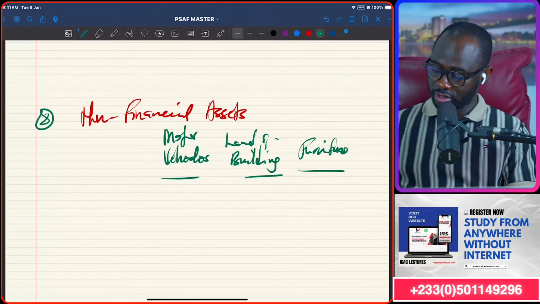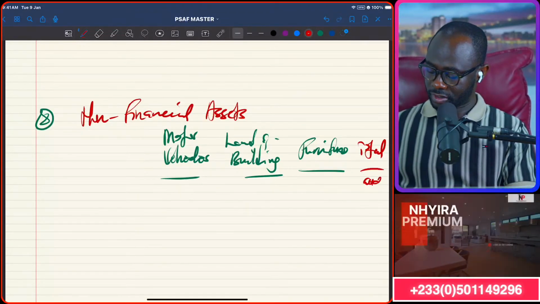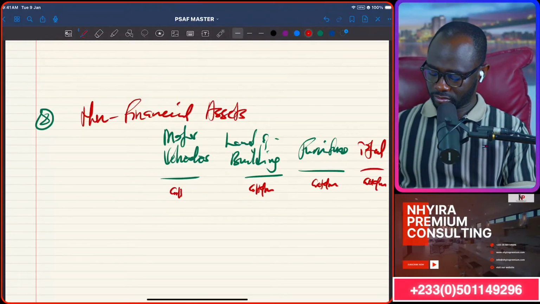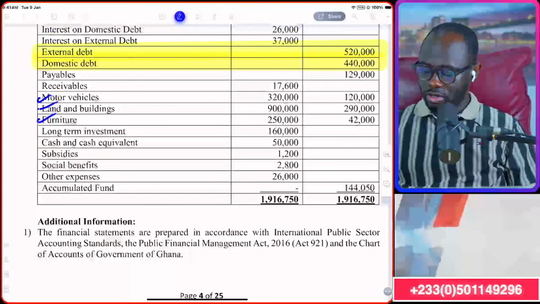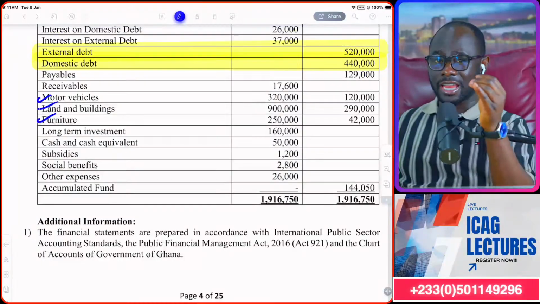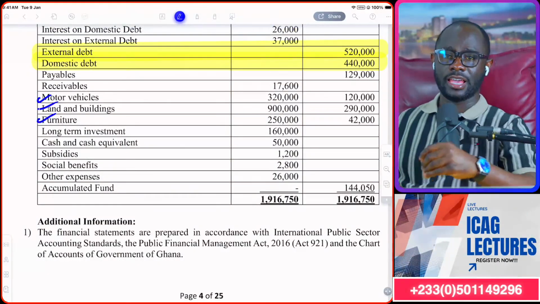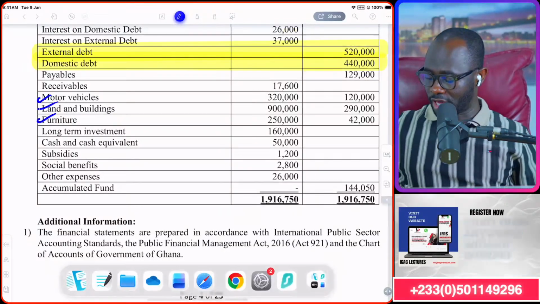As always, I could see if I have total column here. We are working in millions. So if you check, the figures on the debit side are the costs. The figures on the credit side are the accumulated depreciation brought forward. Okay?